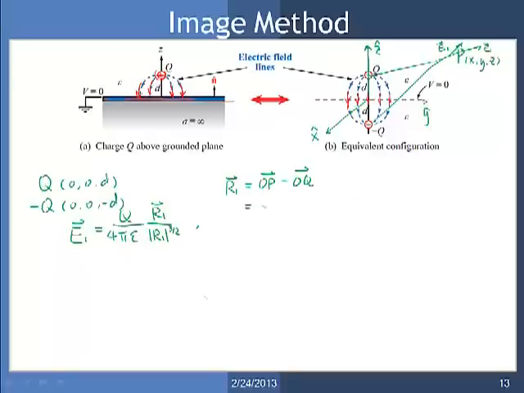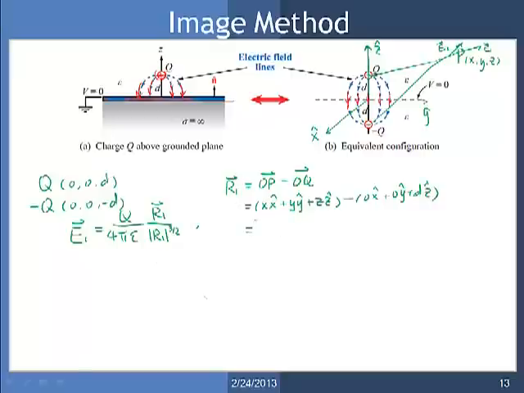So if we were to write out the coordinates for OP and OQ, it would be x hat plus y hat plus z hat for OP, and 0 x hat plus 0 y hat plus d z hat for OQ.